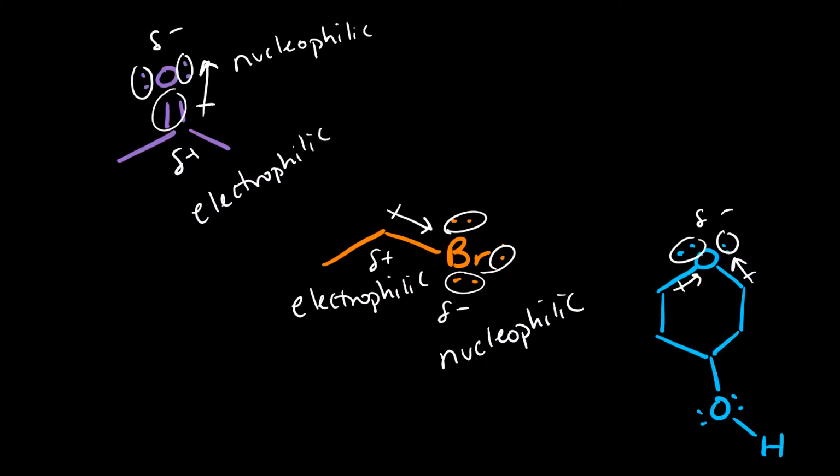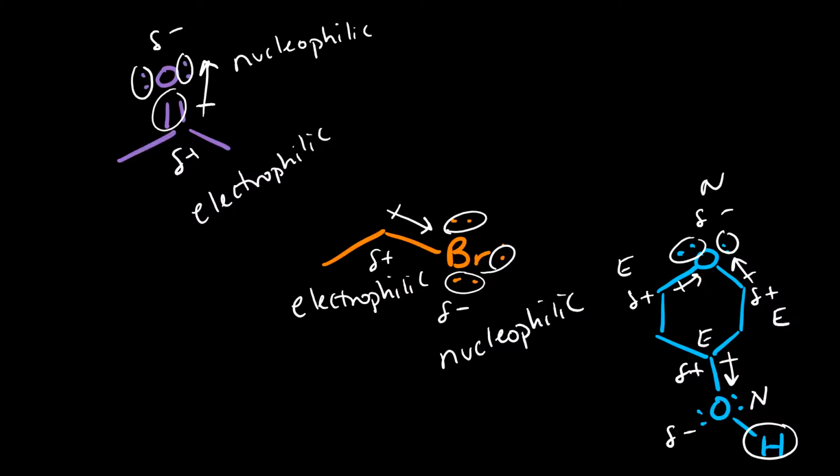So we have delta minus, delta plus, delta plus. So you have some electrophilic sites and a nucleophilic site here. Same thing here, you have a nucleophilic oxygen, an electrophilic carbon. You have a potentially acidic proton.